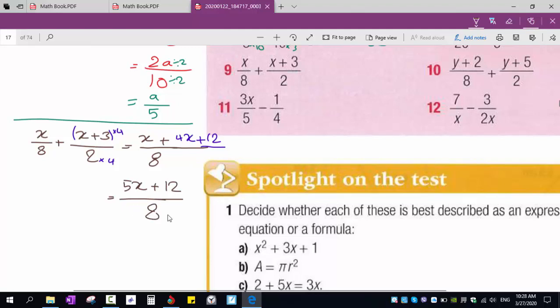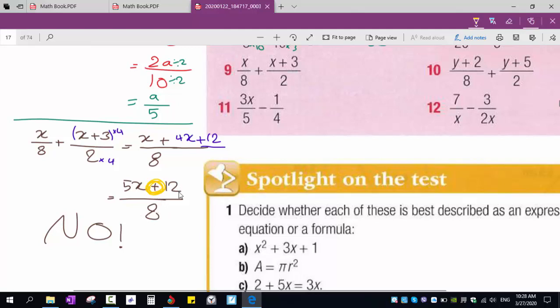over 8. Can we divide this 12 and this 8 by 4? Of course, no, because there is an addition with it. Whenever you see addition or subtraction in the numerator or denominator, you cannot do any simplification, only if all the numbers you see in the expression are divisible by a specific number.